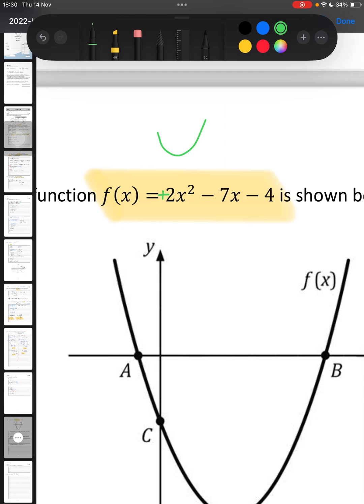If it's positive, we have a positive graph, a smiley face or a U shape. And if that was a negative, we would have a sad face graph or an N shape.